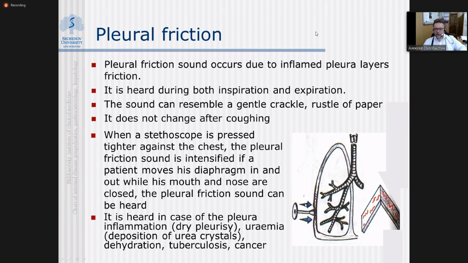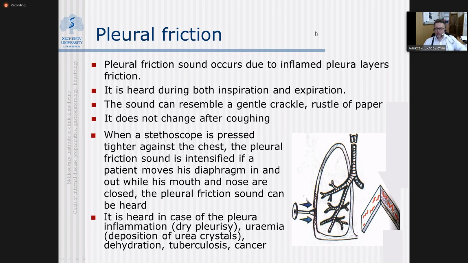Please pay attention that parietal pleura has pain receptors, visceral pleura does not. But if they are rubbing, typically a patient will have more or less intensive pain in the site of pleurisy. That may be used as an extra hint for differentiation.